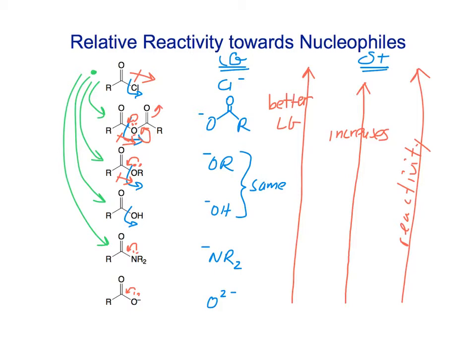So we can go from the most reactive to the least reactive. If we start from the anhydride, we can go from here to here to here to here, but we can't go from the anhydride up to the acid chloride.